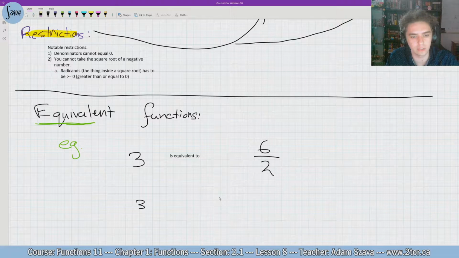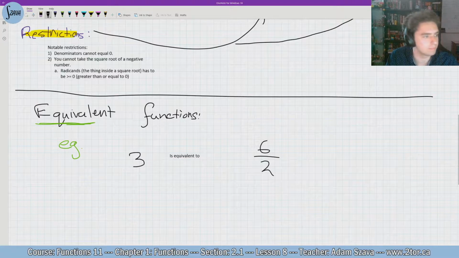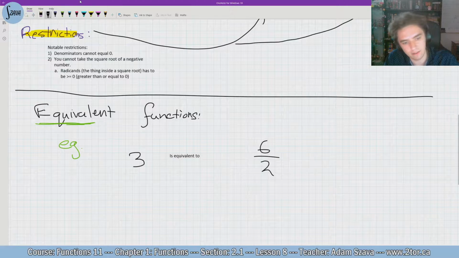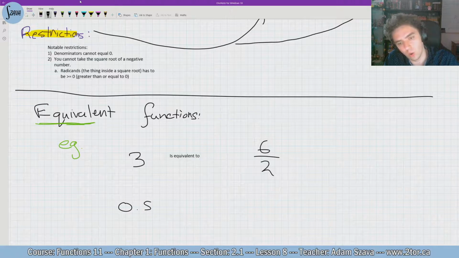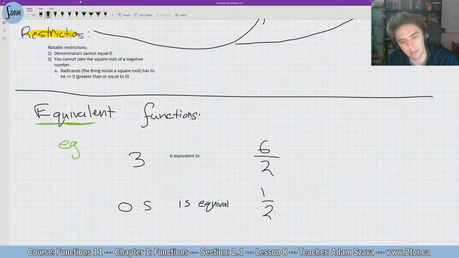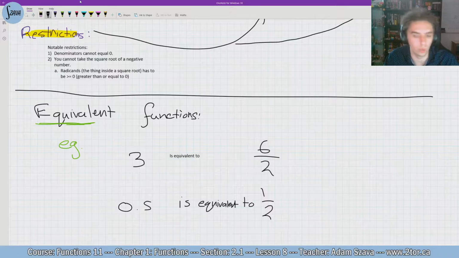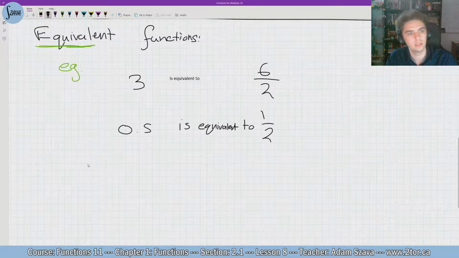So 3 and 6/2 are equivalent. 0.5 and 1/2 are equivalent. These two things are written differently, but they mean the same thing.